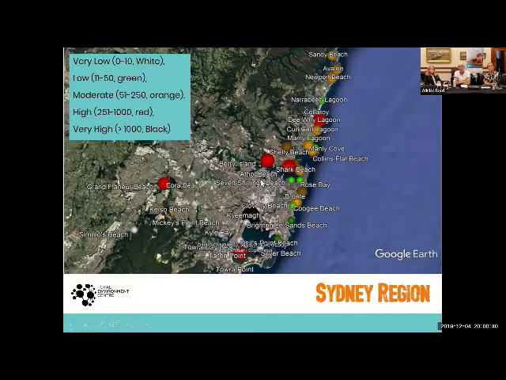The orange, and here's a close-up of Sydney and some of the beaches around Sydney. So there's a big black point there near the airports, and then red is, as you can see from the graphic, between 250 and 1,000, and then goes down from there.